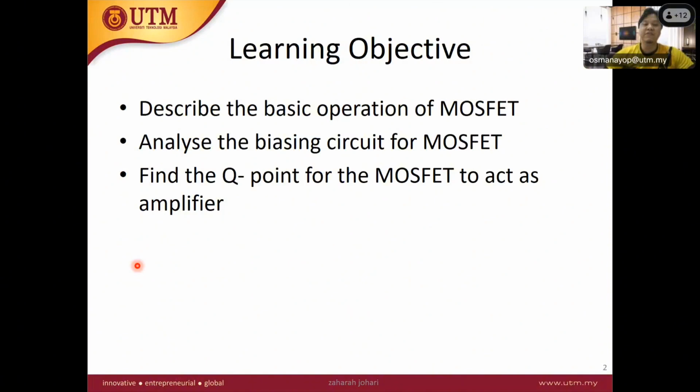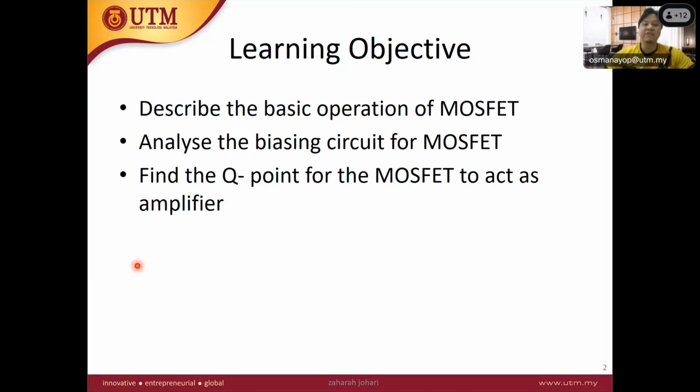When we talk about field effect transistors or FETs, we can divide FETs into several types, which we call JFET, and then we have MOSFET. Please note we only cover MOSFET, E-MOSFET, and typically more on N-channels.